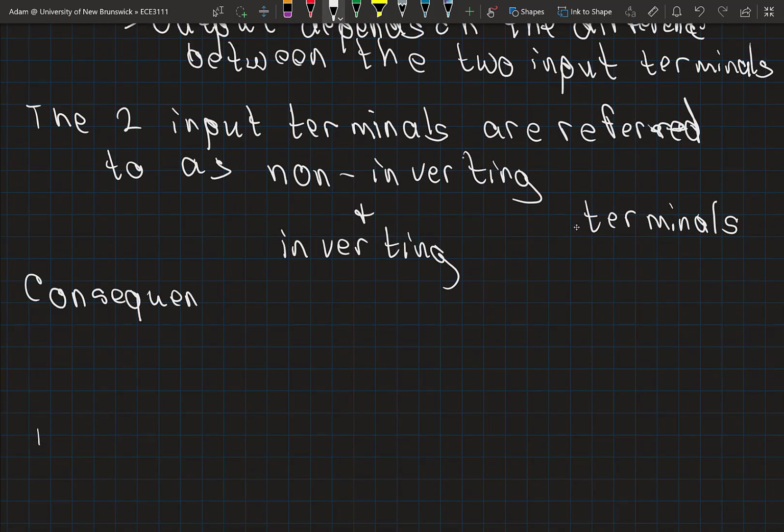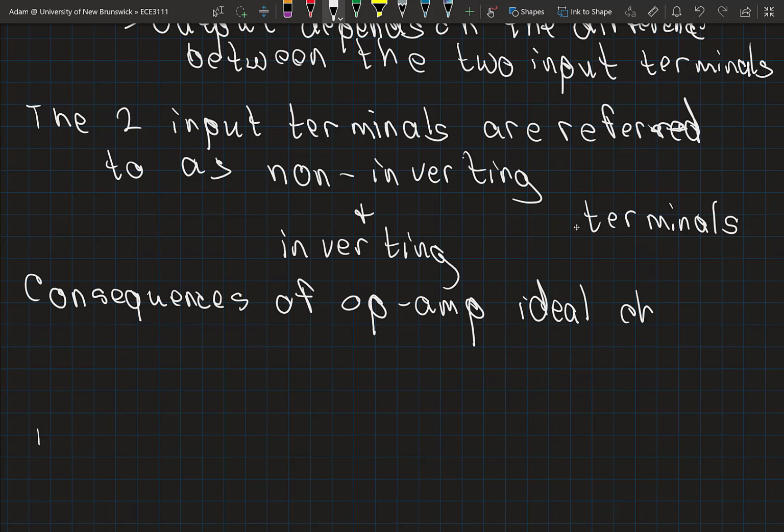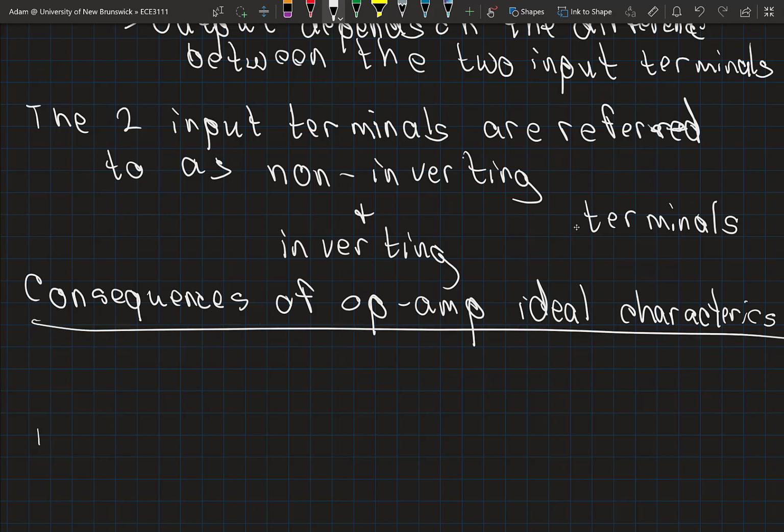These are ideal characteristics, and we'll see that the op-amp doesn't truly have infinite input impedance, zero output impedance, and infinite gain, but we often treat them as those ideal conditions, and again it will make our circuit analysis techniques much simpler.